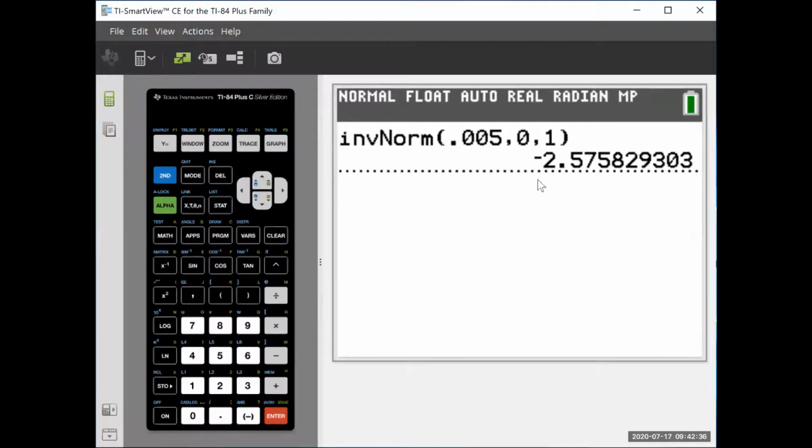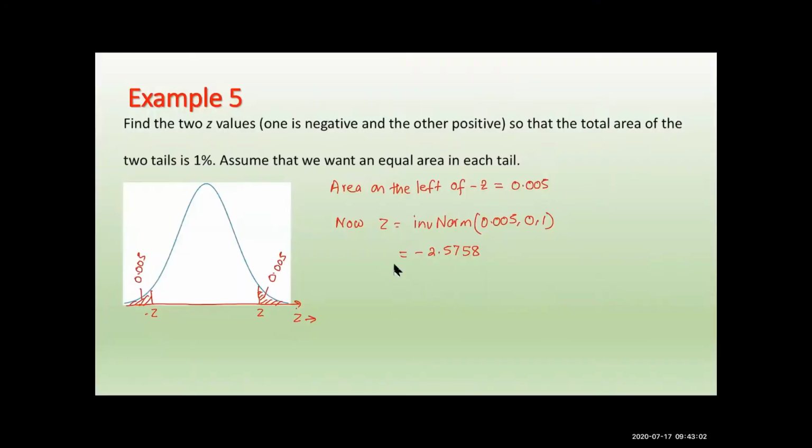So if you enter, see, we got the negative value, which is negative 2.5758. So here we got negative 2.5758. That is the value of the z-score, which is here. We want the two z values, so this will be positive.